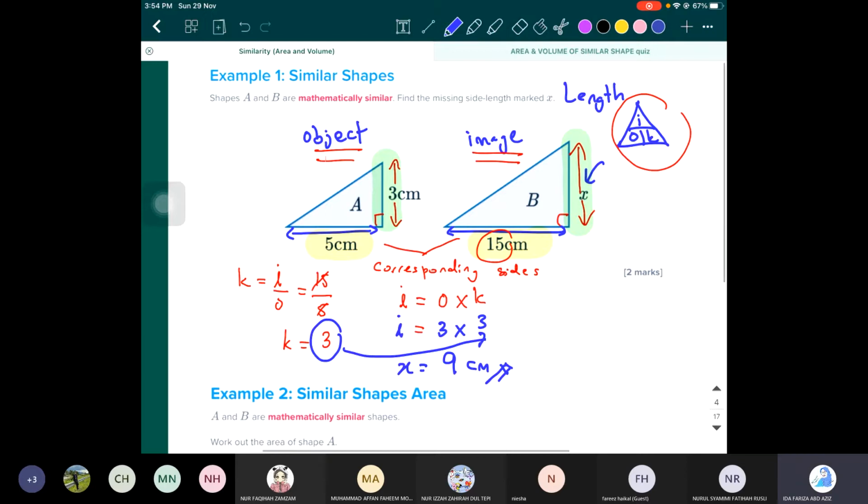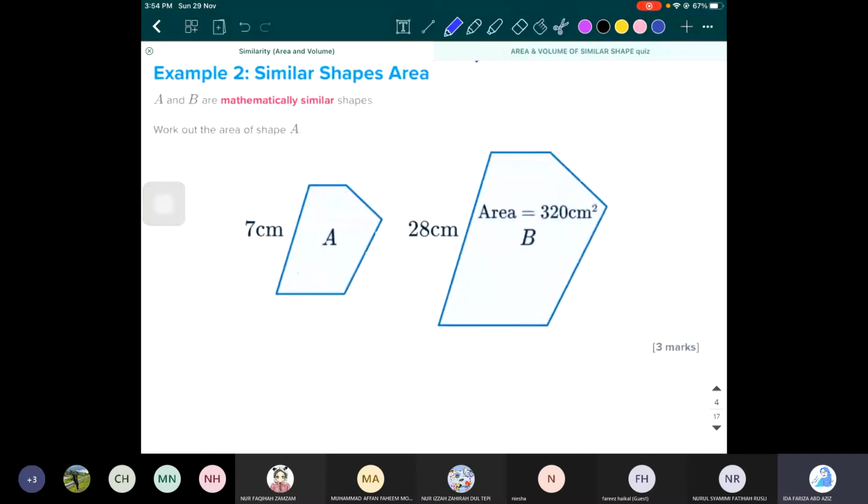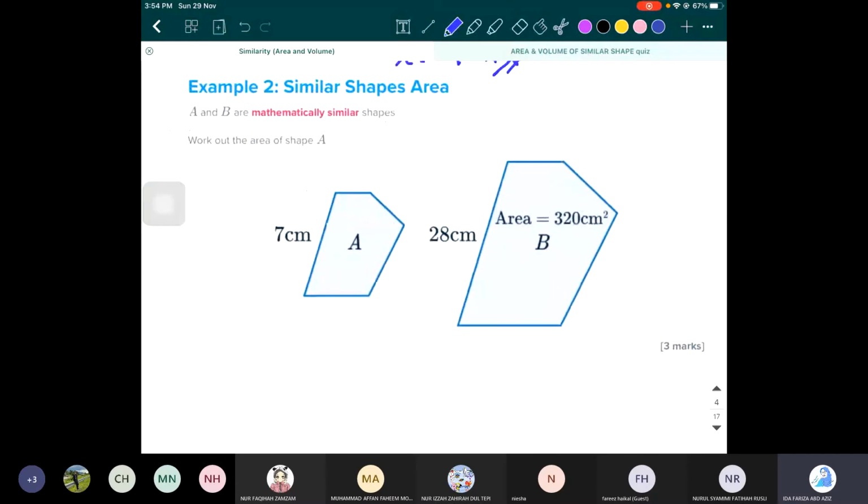Next, we want to compare similar shapes. We want to know the area. Okay. When we talk about area, the formula that I have given you in previous note is AI equal K square times AO. Okay, class. Kita akan guna ni. AI equal K square times AO.